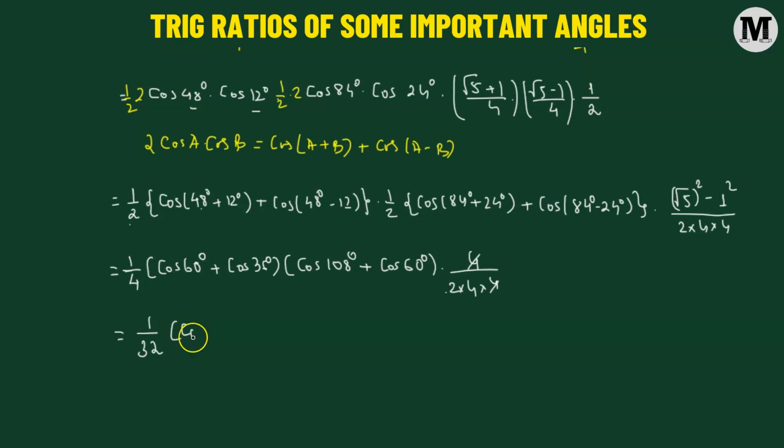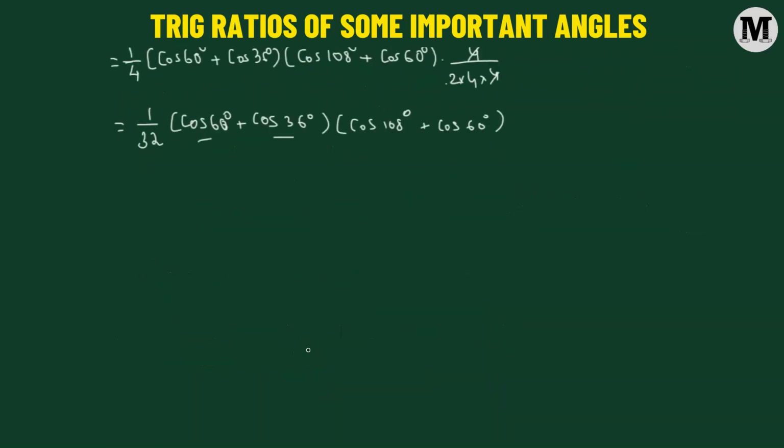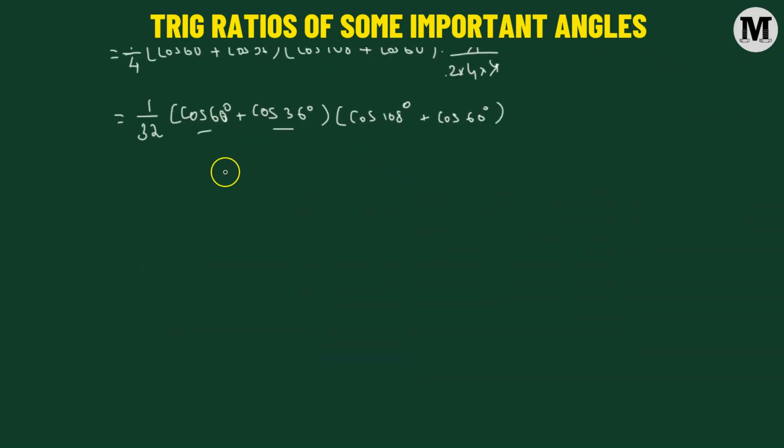Whole multiplied by cosine of 60 degrees plus cosine of 36 degrees, whole multiplied by cosine of 108 degrees added to cosine of 60 degrees. We have already defined the values of cosine 60 and cosine 36. Now we need to find the value of cosine 108 degrees. We can split 108 degrees as the sum of 90 degrees and 18 degrees.